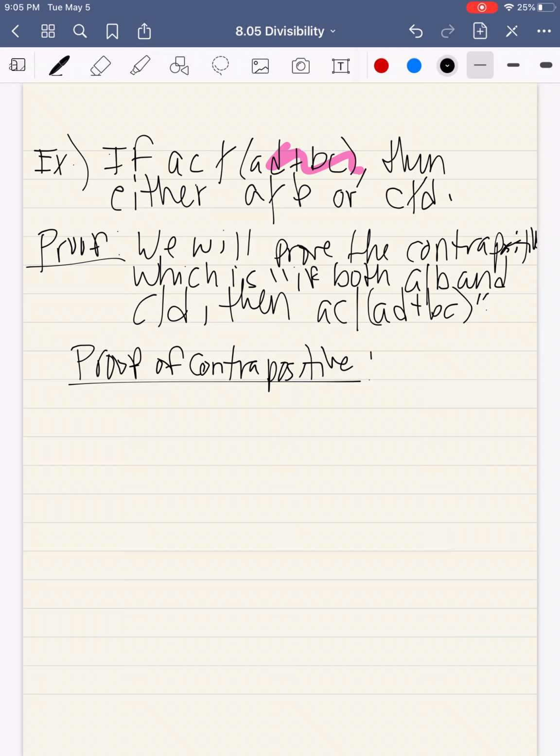So that's our contrapositive, so we can say proof of contrapositive. So again, we start with the if part, so assume both A divides B and C divides D. We're going to hit it with the definition of divisor.